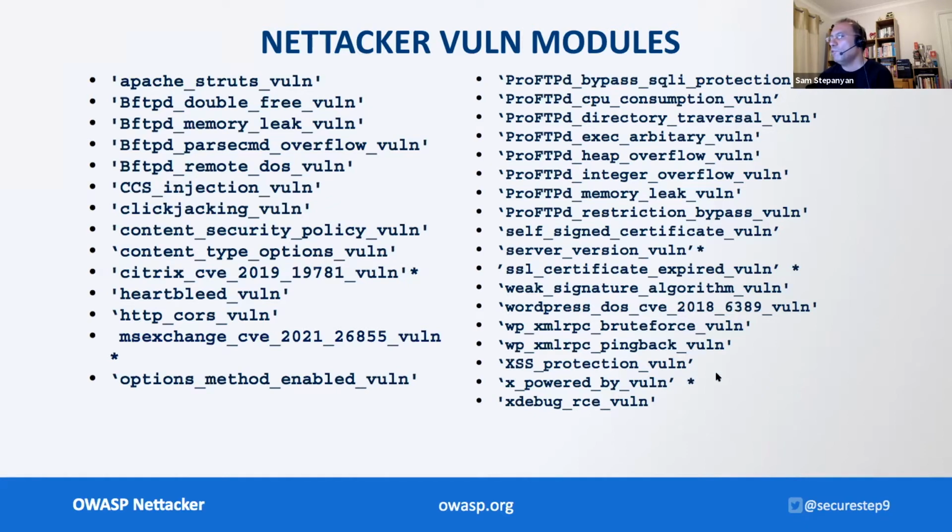Another related module is X powered by vulnerability. So X-Powered-By is another informational header, which some of the web services return, which also provides a bit more information about specific technologies. So for example, for Microsoft IIS service, the X-Powered-By header would usually contain things like the version of ASP.NET that it's running.